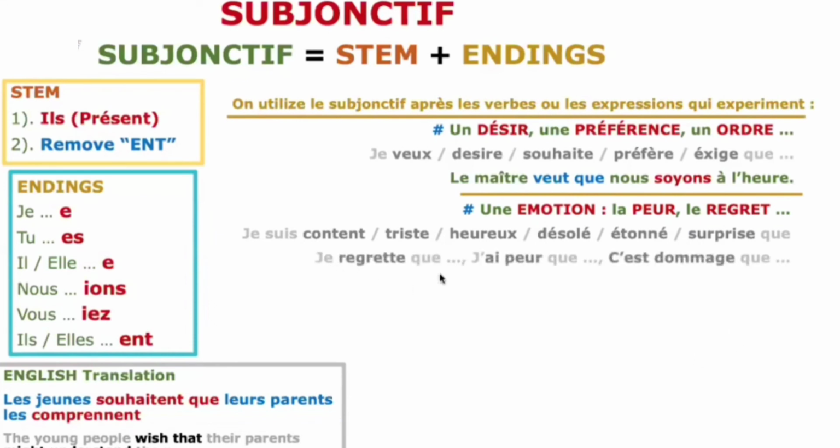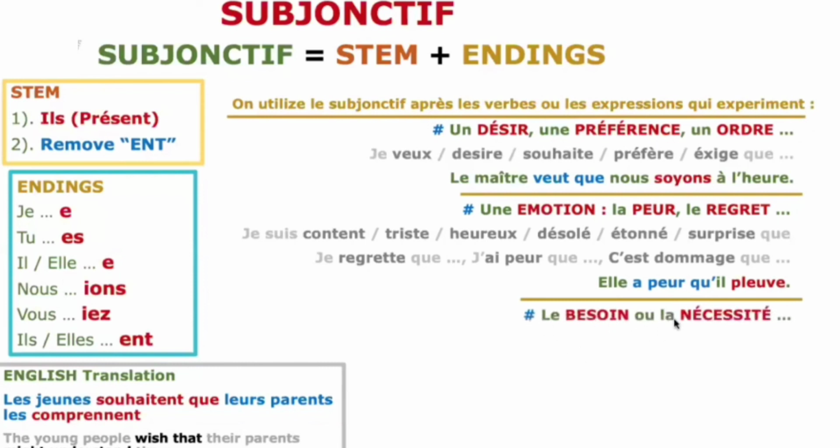For example, je regrette que, j'ai peur que, c'est dommage que. What is the meaning? I regret, I am afraid, it is a pity that. See an example: elle a peur qu'il pleure. Pleurer is conjugated in subjunctive tense because it is placed after an expression that talks about emotion. She is afraid that he cries.